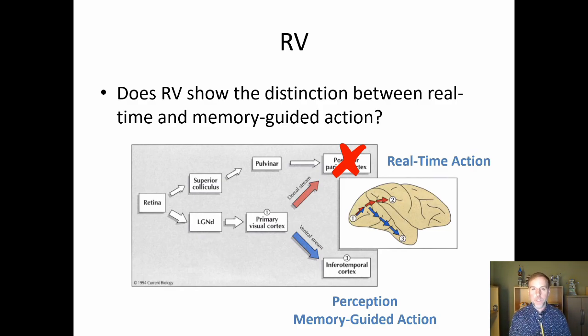Now, she doesn't typically close her eyes to move to something because that's a bit extreme. All of a sudden, you don't know what's happening in the world. So what she'll do is look at the object she wants to reach to, then look away, so she can still see the world. She doesn't have to close her eyes, but because it's outside of her real-time visual field, she's using her memory to go pick up that object. So this is good news for RV.